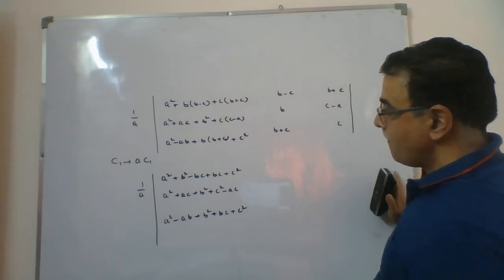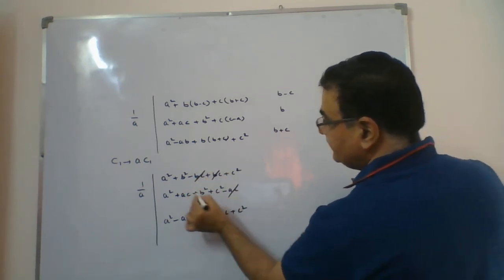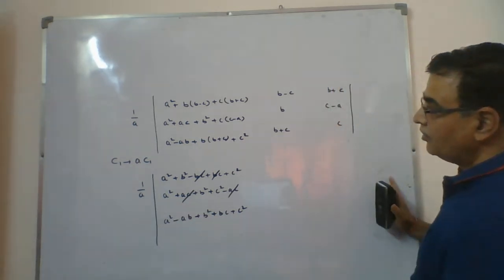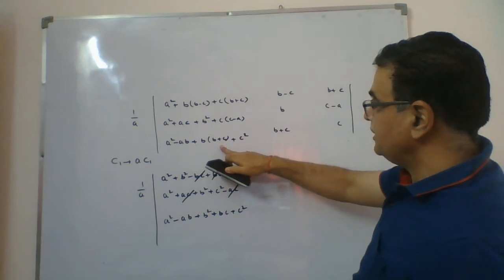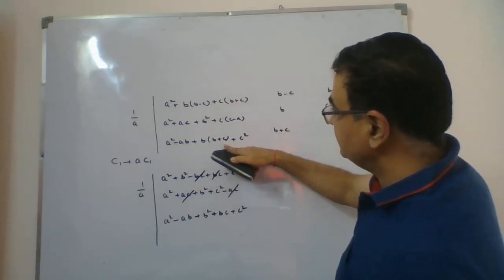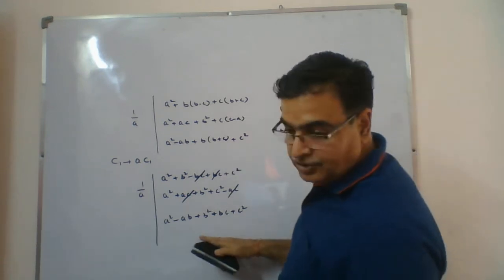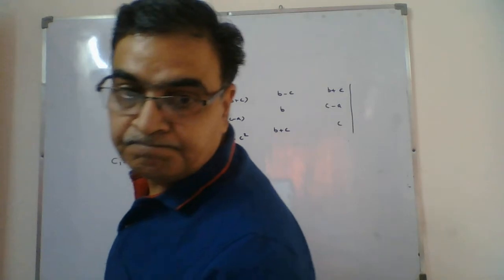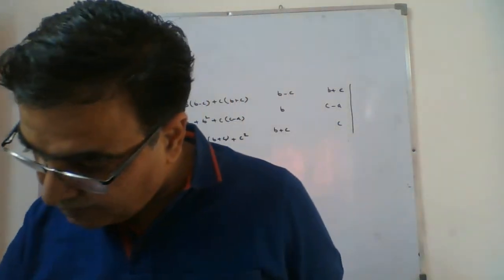Something is wrong. This BC gets cancelled out, this AC gets cancelled out, but here we are doing something wrong. The third row is a slight problem here.